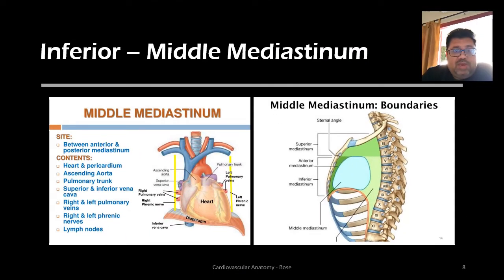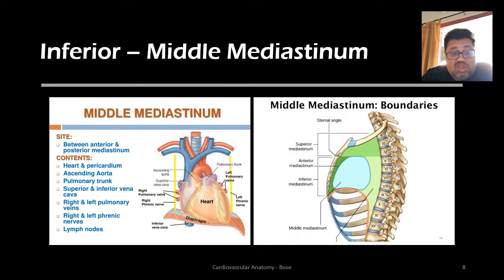The middle mediastinum of the inferior mediastinum is bounded anteriorly by the pericardial layer of the heart and posteriorly by the posterior parietal pericardial layer. The contents of the middle mediastinum are extremely important.